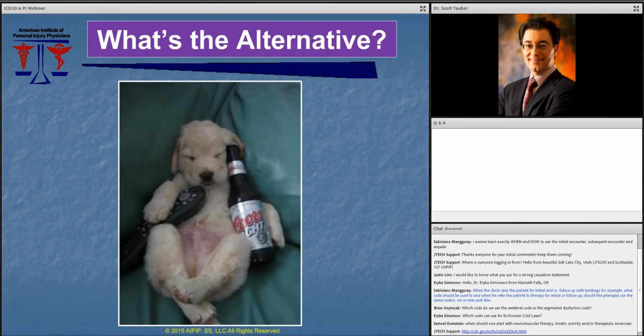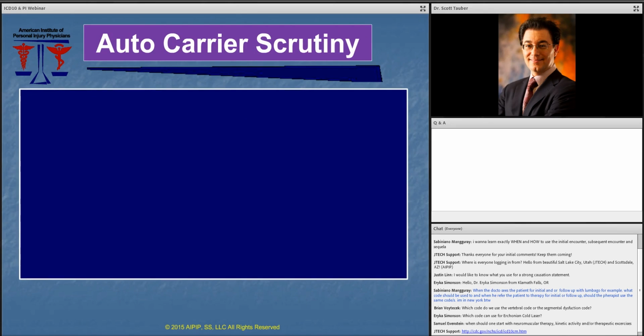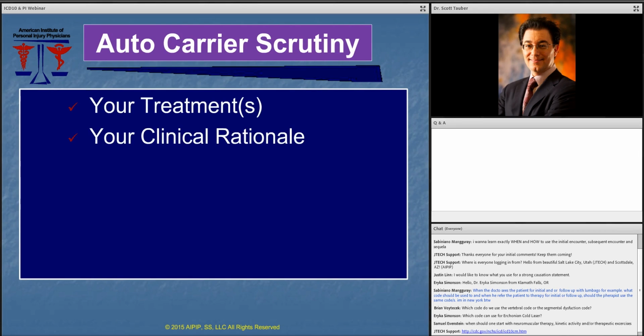But for the rest of you that have to keep going, we have some more information on what you can do in your practice. So the auto carrier scrutiny is there. They're going to look at your treatments. They're going to certainly look at your clinical rationale, which is your underlying supporting documentation for your treatments, your examination details, and we'll talk about the exam in just a second.